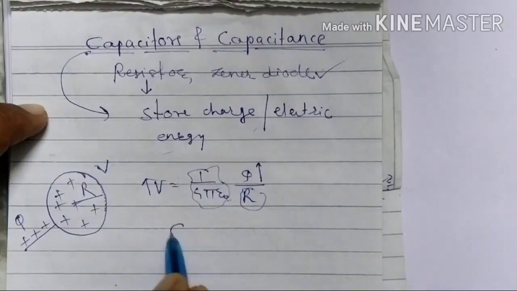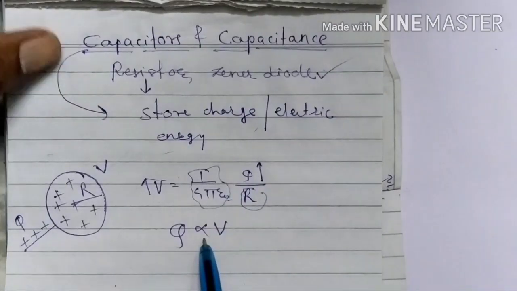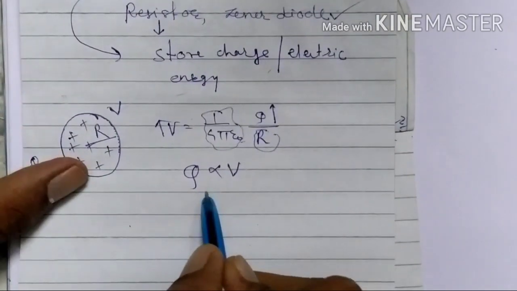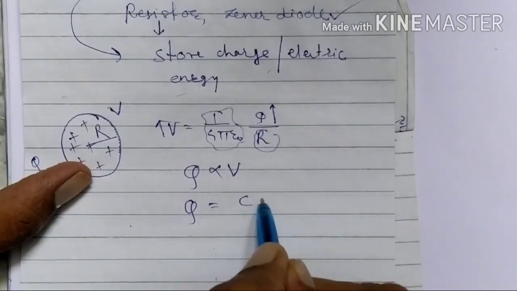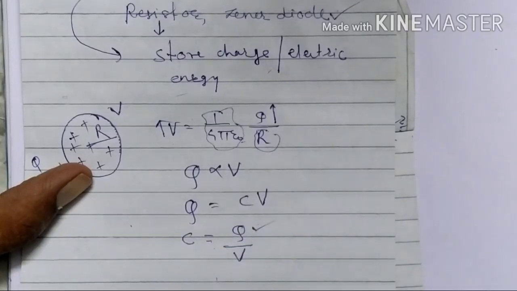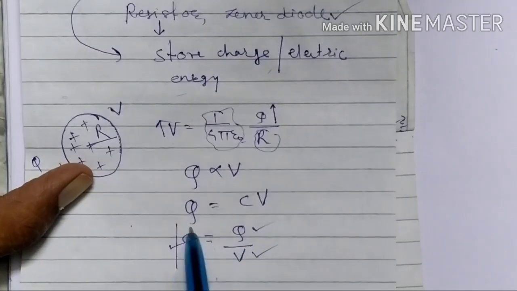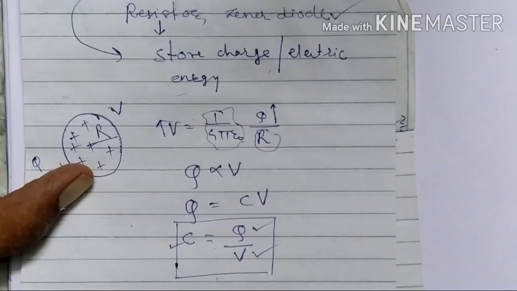So we can write Q is directly proportional to V. Now we change this proportionality sign to a letter capital C. Therefore Q is equal to CV, then C is equal to Q divided by V. Q is charge, V is potential and C is capacitance. So C is equal to Q divided by V is the capacitance of a capacitor.